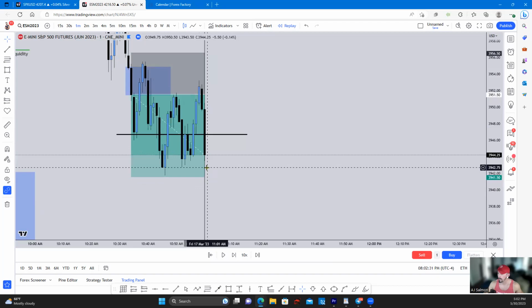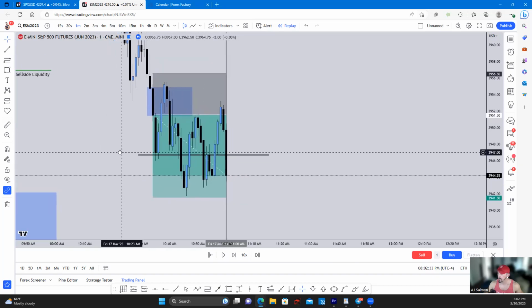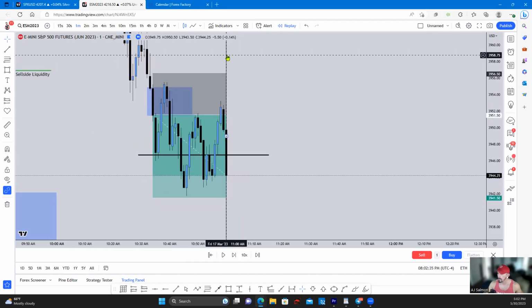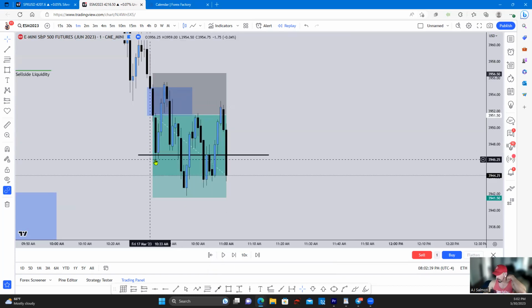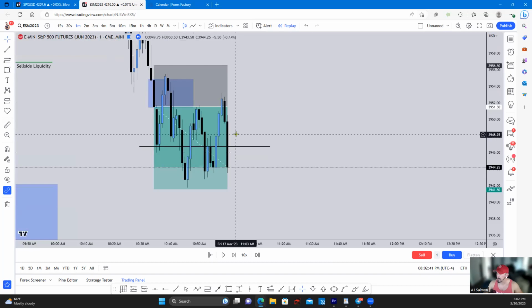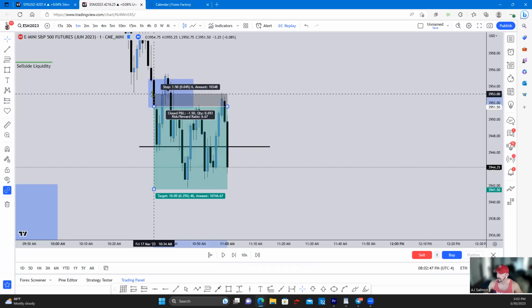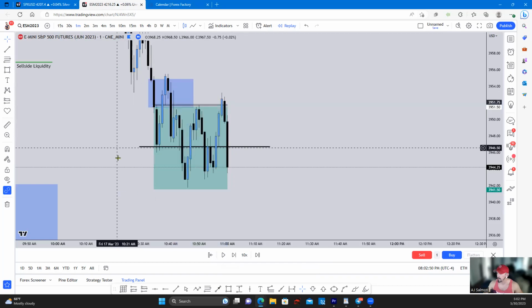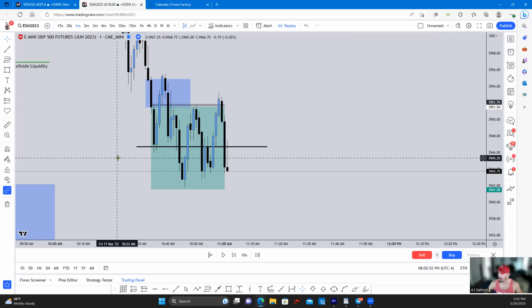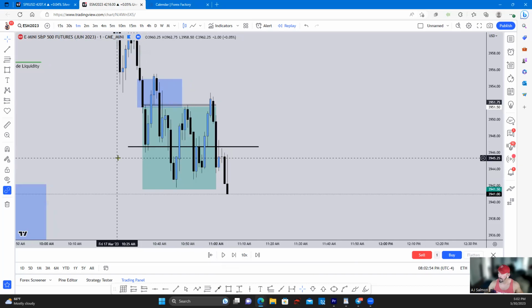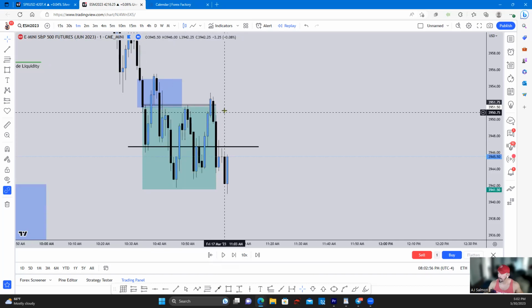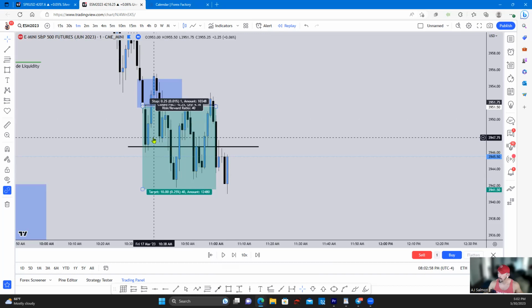So at this point, I would look to cover your position or get out at 5 because we're getting ready to run into the 11 a.m. So you can move your stops, cover your position there, or go break even. If it takes you out, it takes you out, right? But we hit take profit there. Okay, so there's another 2R.